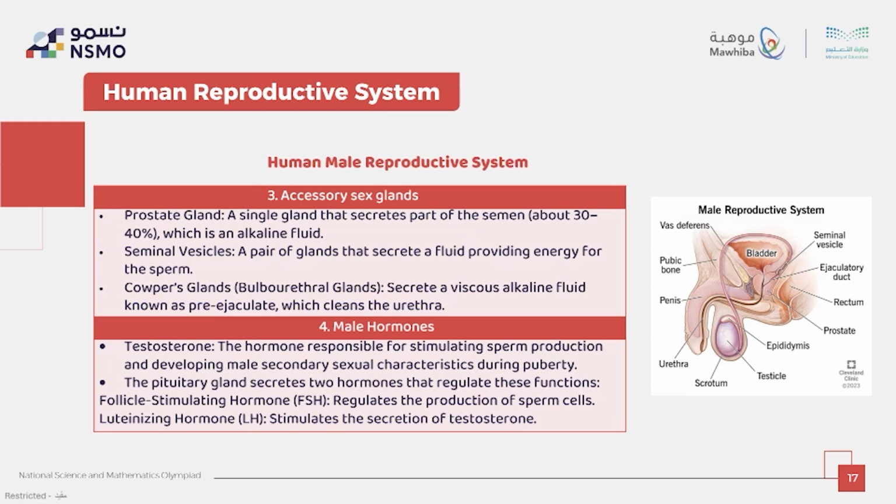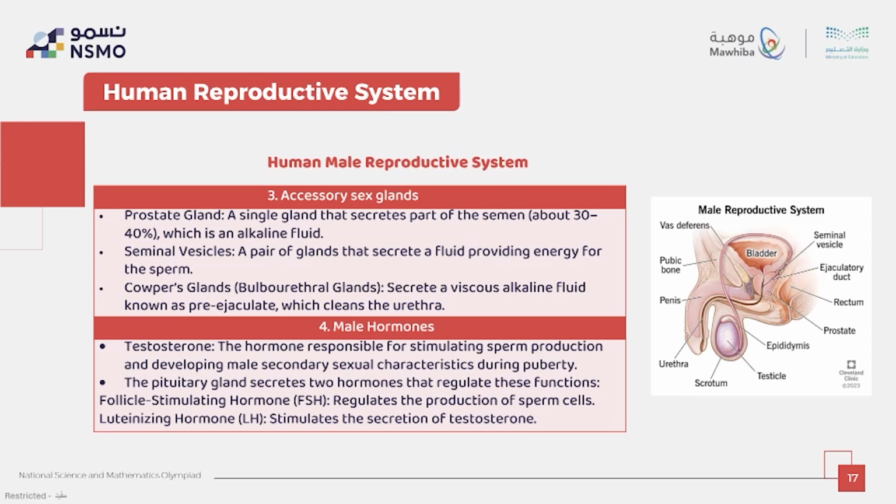Let's talk now about male hormones. We have testosterone. This hormone stimulates sperm production and develops male secondary characteristics during puberty. And the other one is FSH. FSH regulates the production of sperm in the testes.